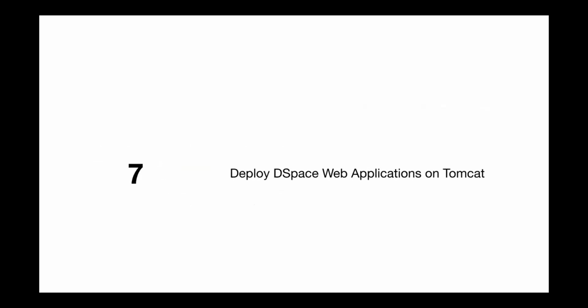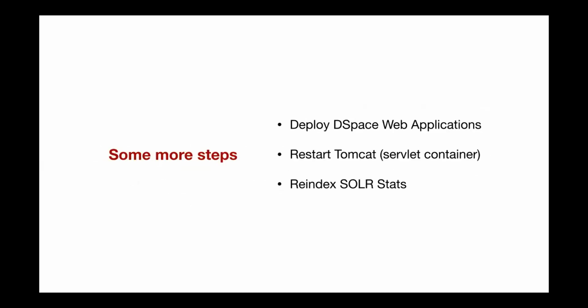Then number 7, you need to deploy the DSpace web application to Tomcat. Remember we stopped the Tomcat, then we are now deploying. Some more steps: you restart the Tomcat servlet container, then you do the reindexing of the Solr statistics.